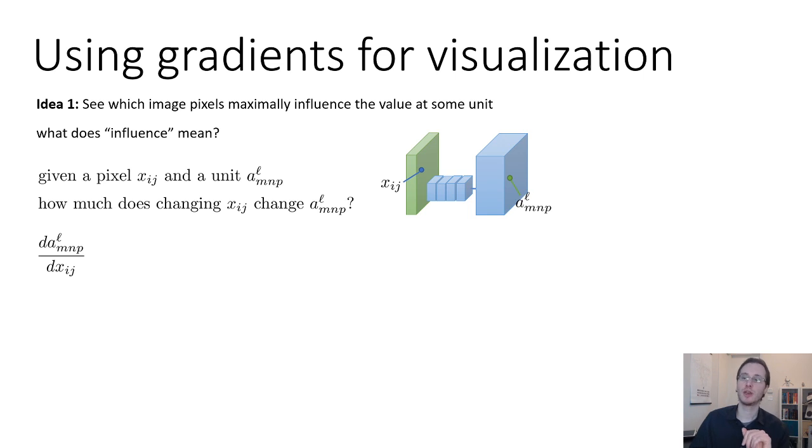I should mention, by the way, that oftentimes we don't care about the activation of a filter at a particular position. We care more about the average activation of that filter at all positions, in which case we would sum over the position in the activation map and just look at the channel. But here, just for simplicity, I'm not doing that.